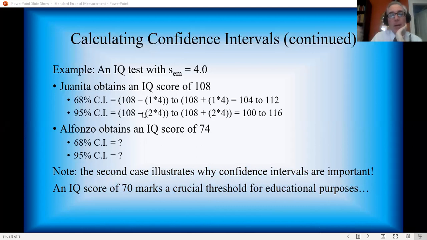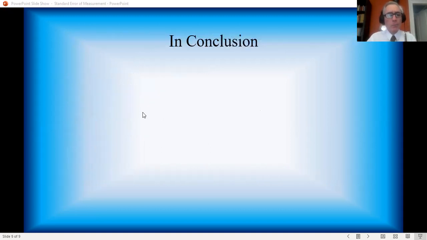Whereas if you're above that threshold, it's going to be much harder to make a case for an intellectual disability diagnosis. The fact that his 95% confidence intervals straddle the line would help you to make that case. If you believed, based on other evidence, that Alfonso really needed special education services, you could advocate here.